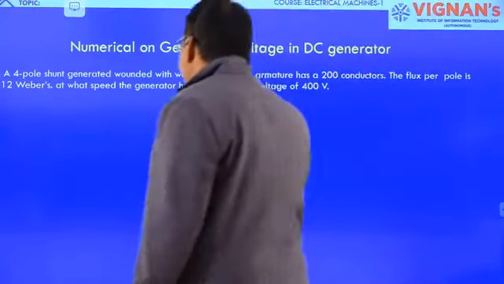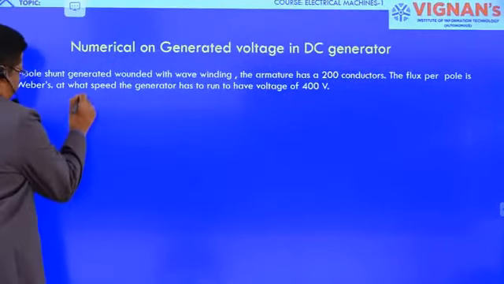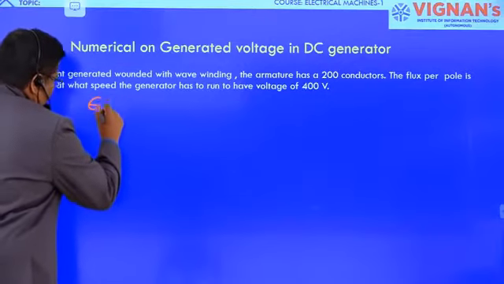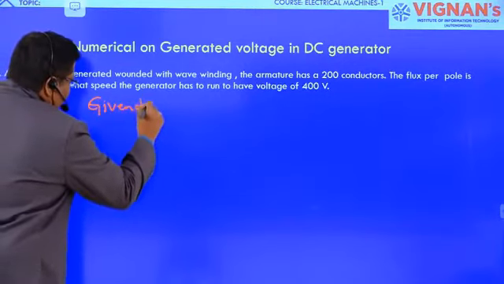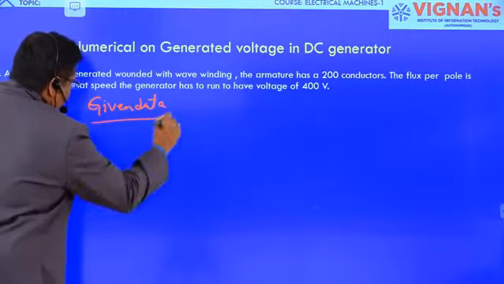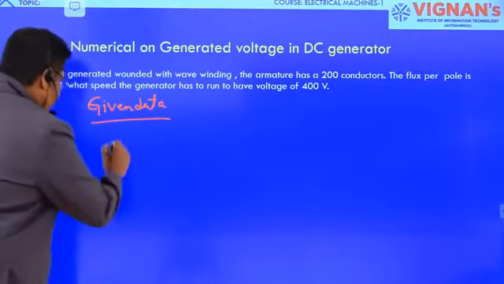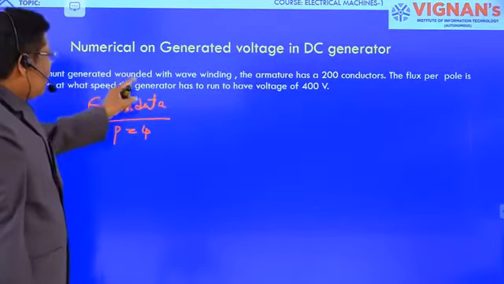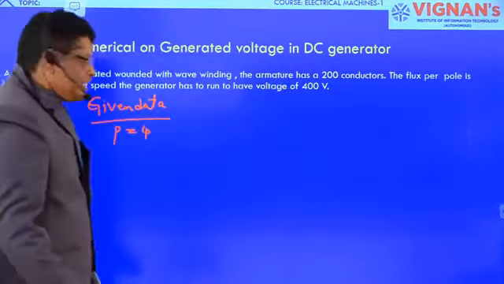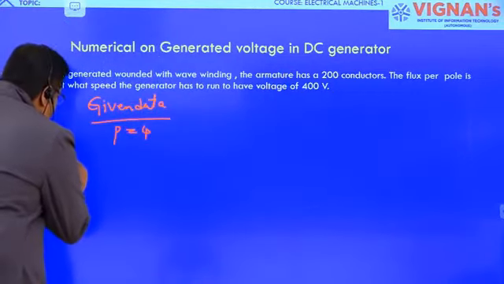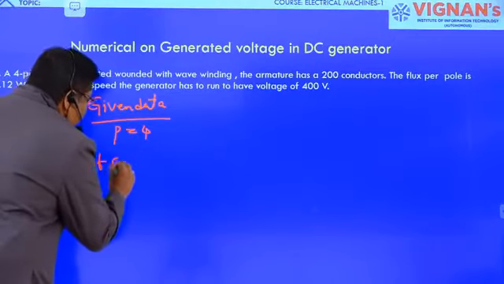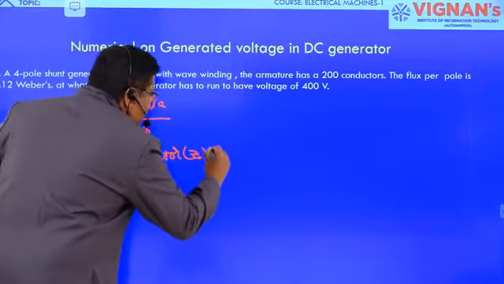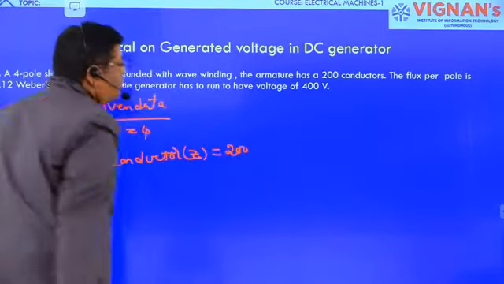See, in this problem, here I write the given data. The number of poles is given, P equal to 4. And the armature has 200 conductors, the number of conductors that we represent with Z, equal to 200.